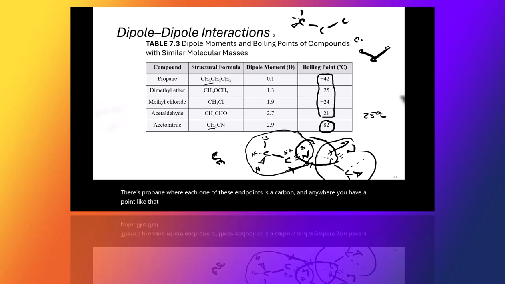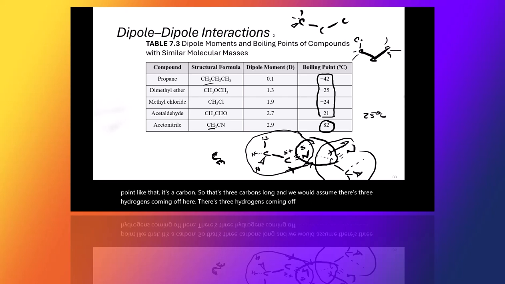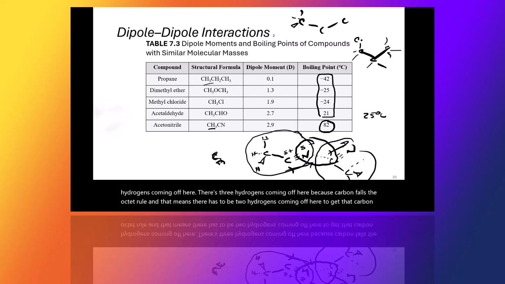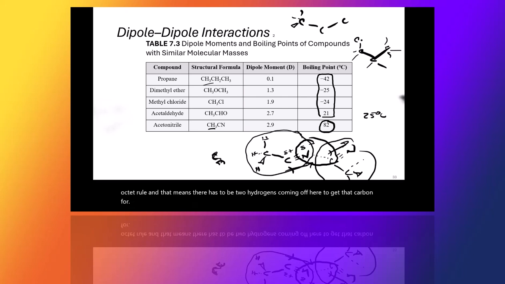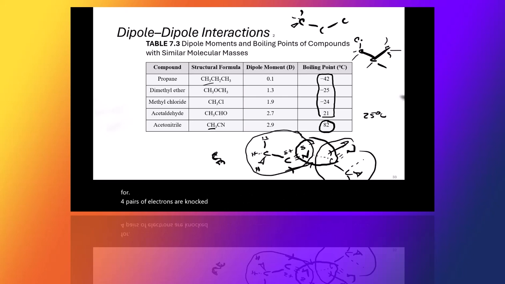So that's 3 carbons long, and we would assume there's 3 hydrogens coming off here, there's 3 hydrogens coming off here, because carbon follows the octet rule, and that means there has to be 2 hydrogens coming off here to get that carbon 4 pairs of electrons, or an octet. So you're going to see structures like that, but again, there's no dipole moment here.